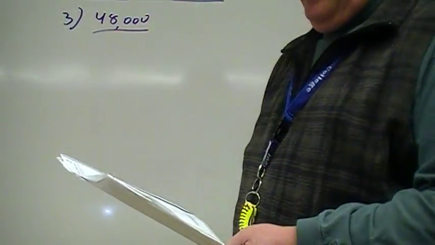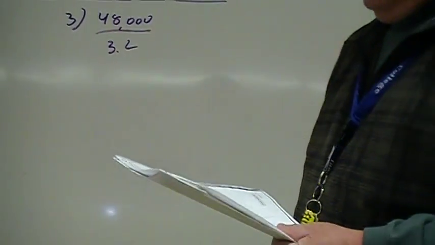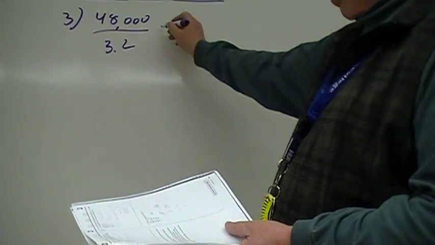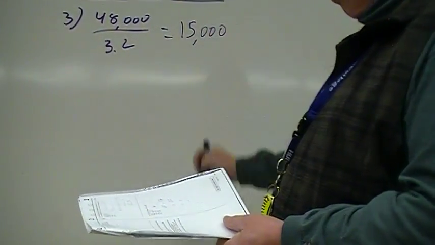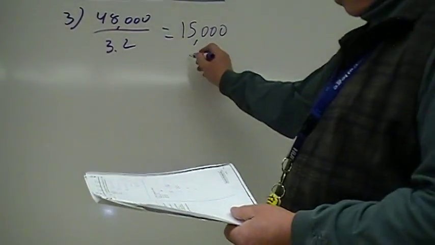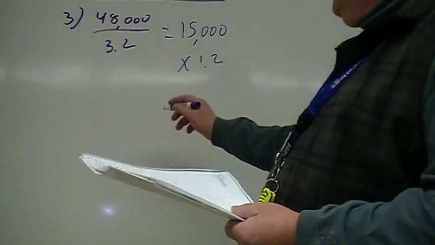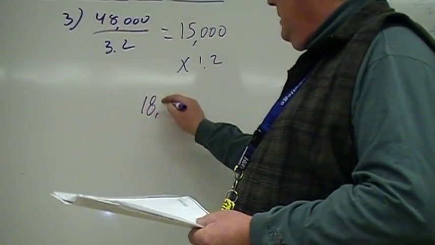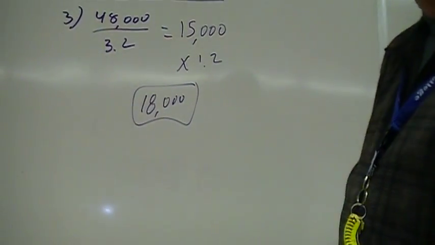That's how many people there are. And if there are 3.2 people per household, you will get an answer of 15,000 households. And how many televisions are there per household? Times 1.2. And you will get 18,000 for your answer. Letter C on that.